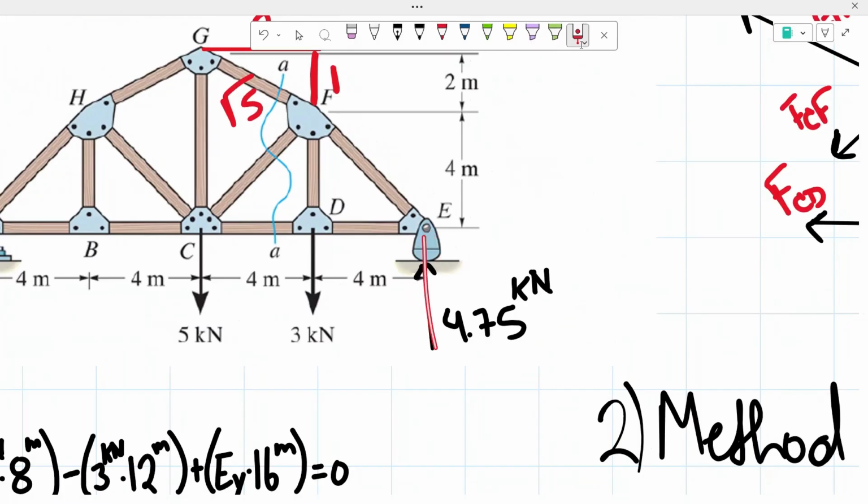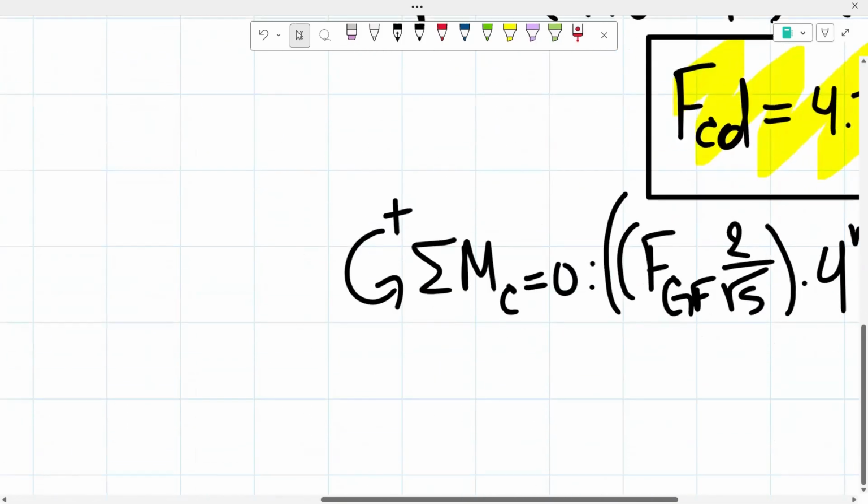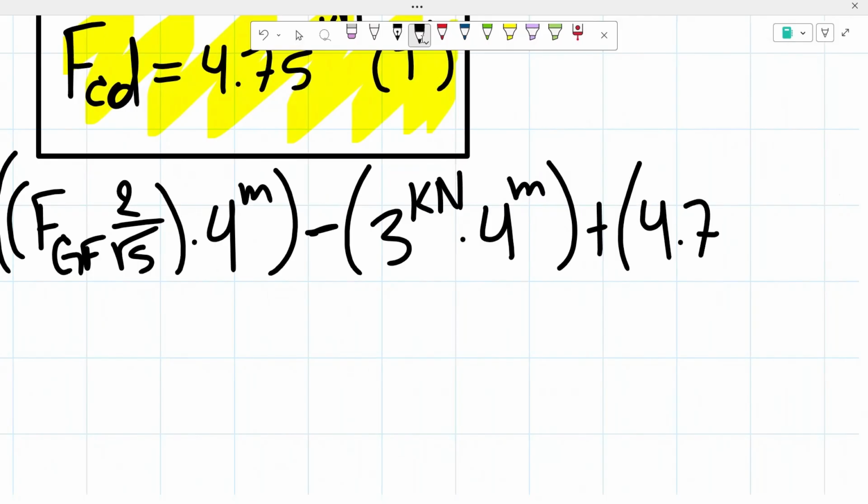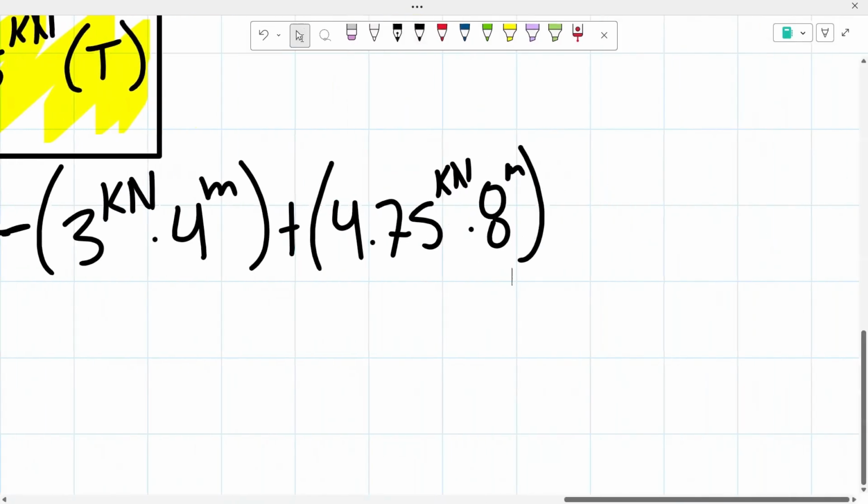We know that this is going upwards, so that means it's going to be creating a counterclockwise moment about that point, meaning positive moment. And then we have a distance of 8 meters. So now we could go here. We have positive moment of a force of 4.75 kilonewtons times the distance of 8 meters. And we know that all of that has to equal 0.